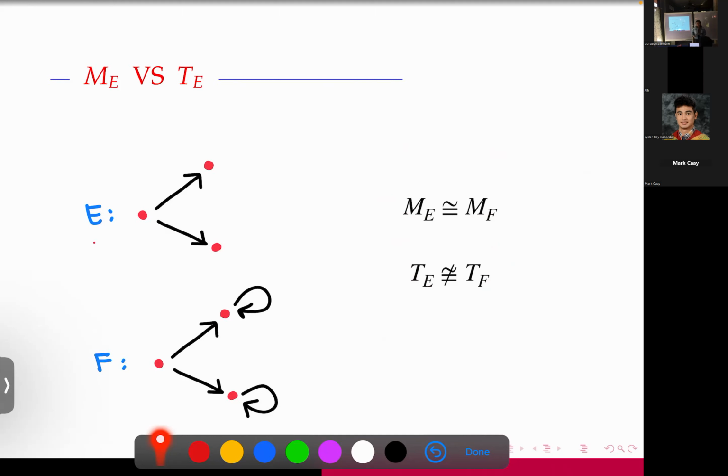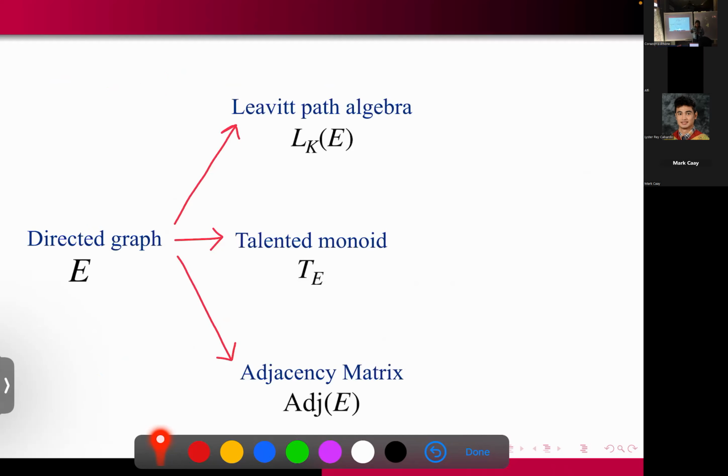What this tells us is that your talented monoid is more successful in classifying your graphs, which probably would tell us also that it's more successful in classifying your Leavitt path algebras, for example. Okay, now let's see how the adjacency matrix comes into the game.